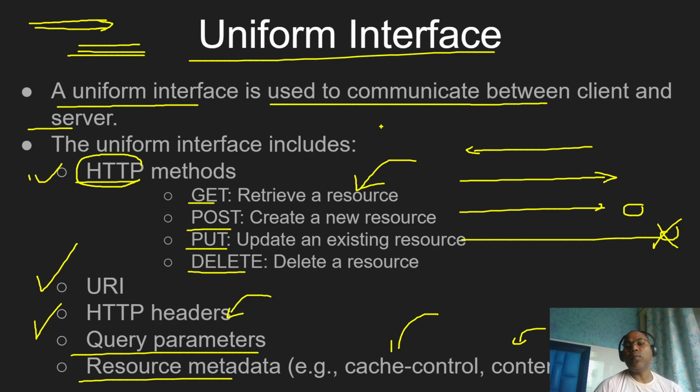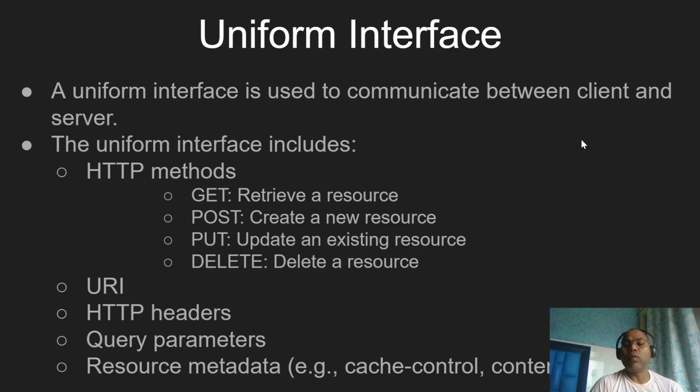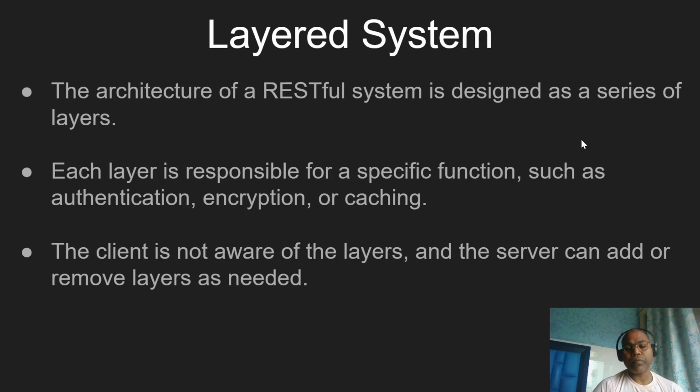These are the uniform interface elements, very standard and commonly defined by the HTTP protocol itself and URL-specific standards. If we follow them rigorously, whatever API you are building fulfills the REST architectural style constraints and patterns.